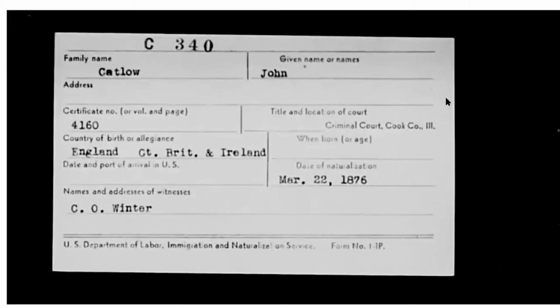And we have a certificate number there, 4160, so we may be able to actually order some records from National Records for naturalization papers. And we have a witness, C.O. Winter, and Mr. Winter was a prominent citizen in Barrington, so I am pretty sure this record is correct. So we now know that John Catlow came over in 1856, and he was naturalized by 1876.